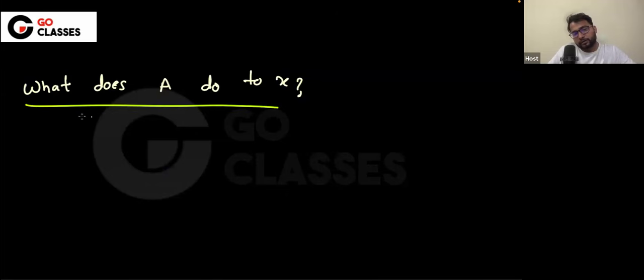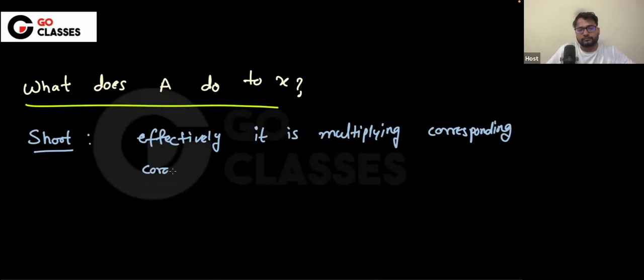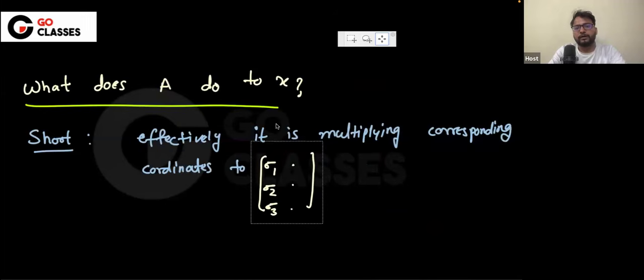In short, effectively it is multiplying the corresponding coordinates by sigma 1, sigma 2, and sigma 3. Right? This is a short answer.